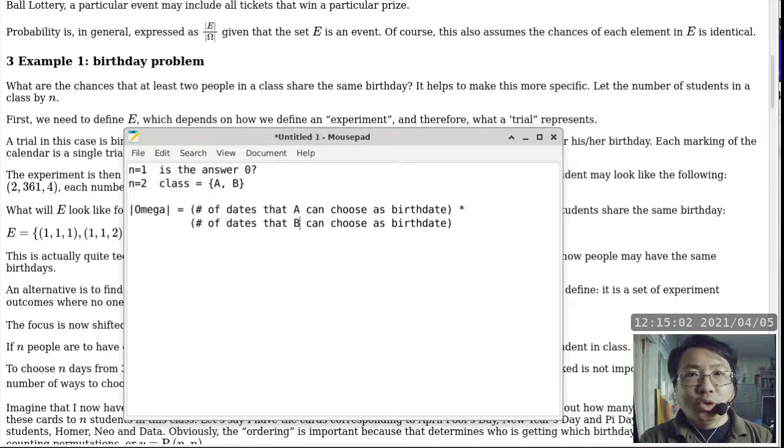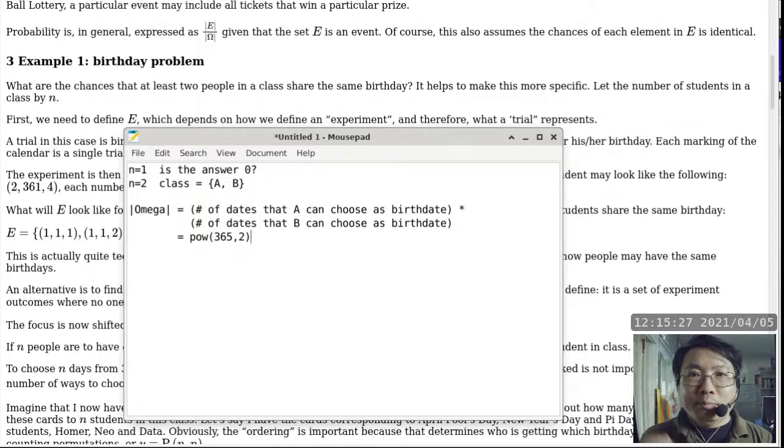But when you have 2 people in the class, each person can choose any one of the 365-ish days as a birth date. So the cardinality of omega in this case is 365 to the power of 2. All right, so that's omega.